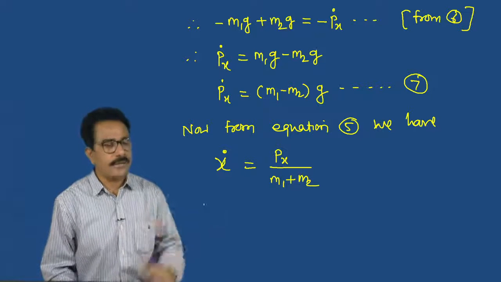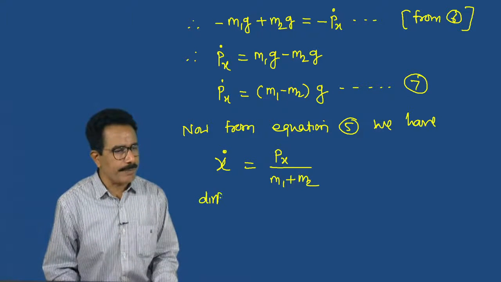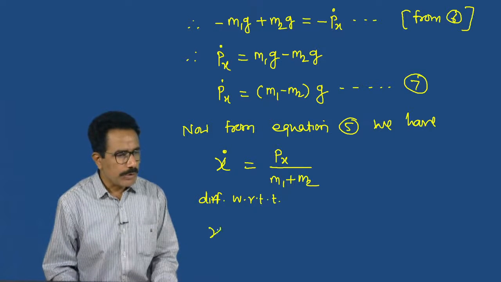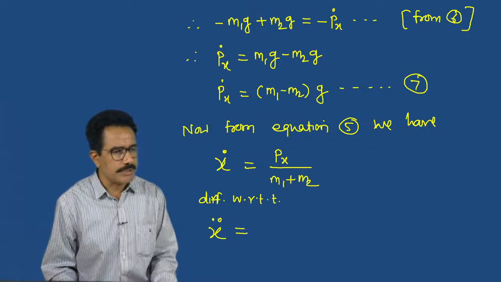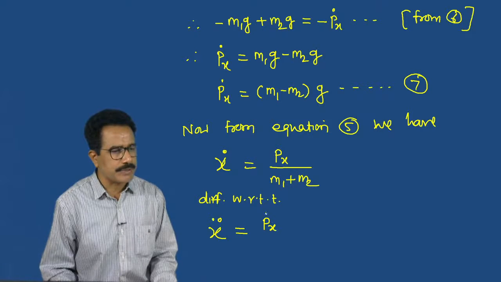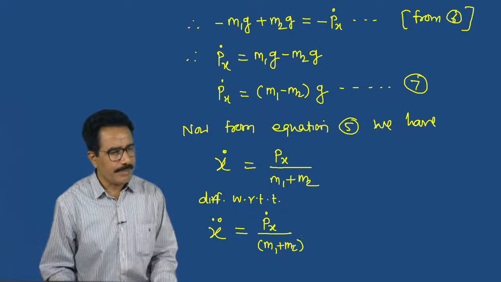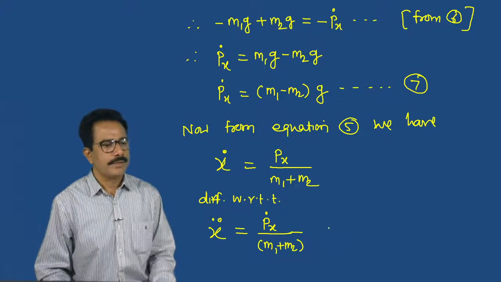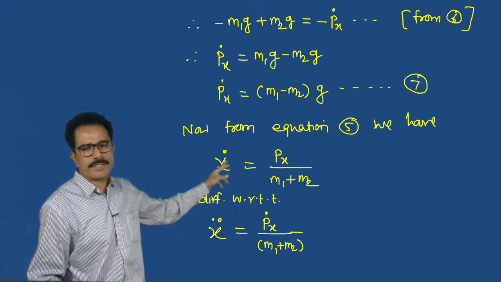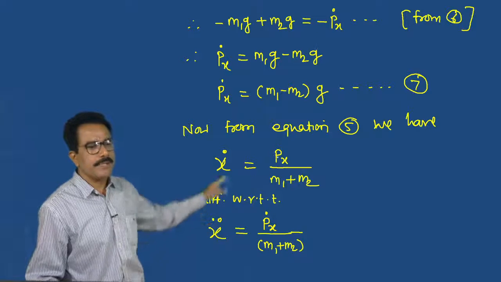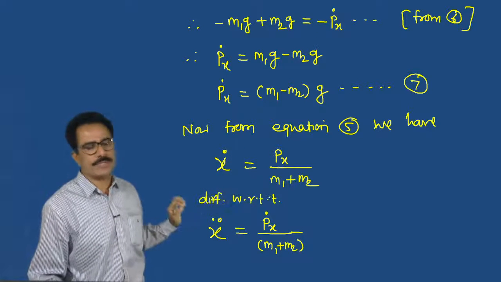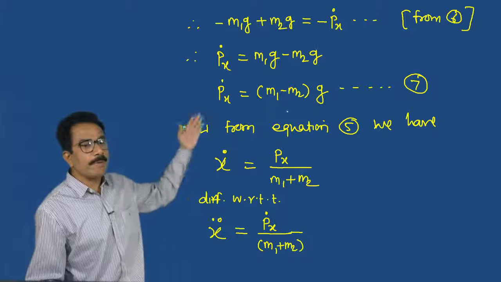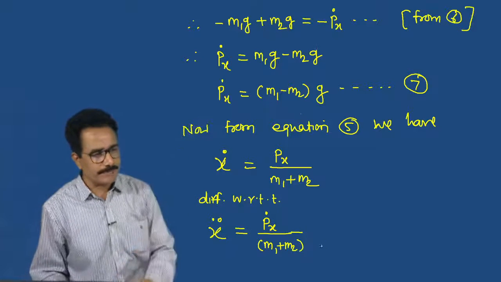आता याचा डबल डेरिव्हेटिव्ह घ्या बाय डिफरन्शिएटिंग विथ रिस्पेक्ट टू t. सो x double dot इज इक्वल्स टू px dot divided by m1 प्लस m2. दोन्ही साईडचा डेरिव्हेटिव्ह घेतला, x dot चा x double dot, px चा px dot. नाउ पुट द व्हॅल्यू ऑफ px dot फ्रॉम इक्वेशन 7.